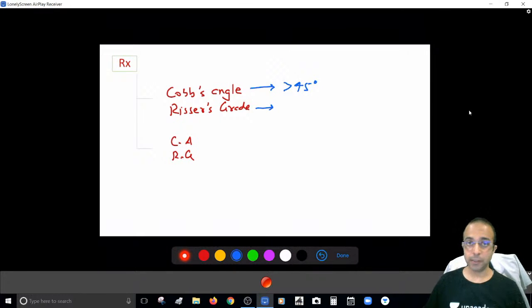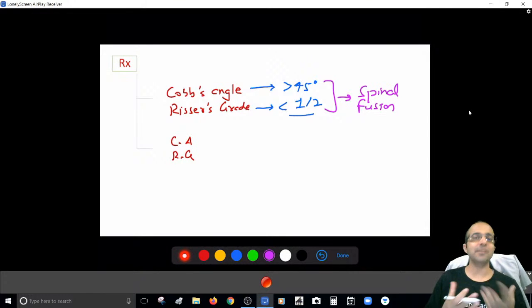Or where you find the Risser's grade is low, grade 1 or 2, this is where there is a high chance that this curve is going to become worse and troublesome. This is where you opt for surgical procedures like spinal fusion. You fuse the spine so that the growth would not exacerbate the deformity.